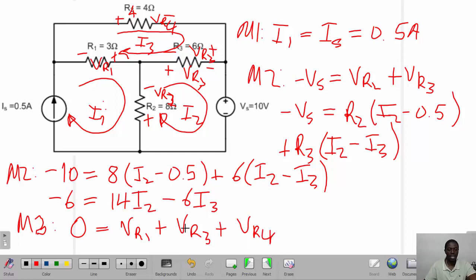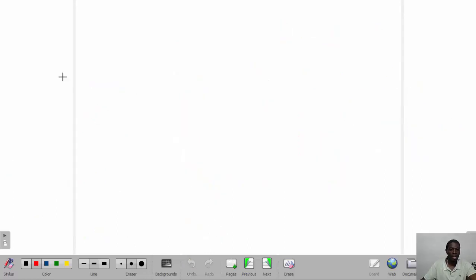When we expand that, I'm going to go to a new page, but you follow the expansion. So mesh 3, we have 0 equal to VR1 plus VR3 plus VR4.